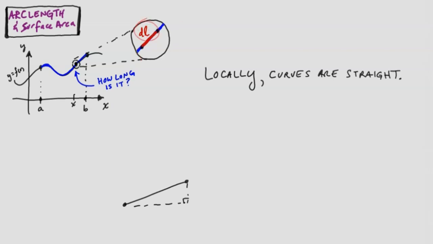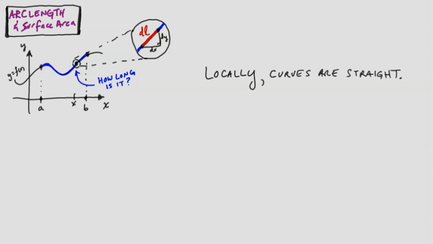Well, this little bit of arc length we could think about as being generated by a little change in x and a little change in y, which of course I'll call dx and dy. And in our quest to come up with the length of the original curve, essentially what we want to do is get a useful expression for dl, an infinitesimal bit of arc length, and integrate, add them all up.